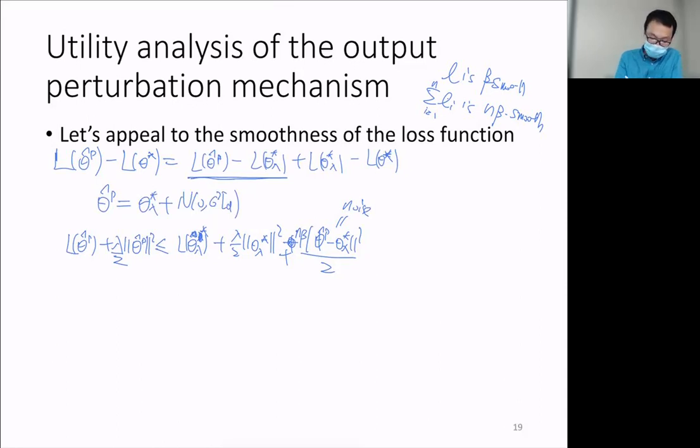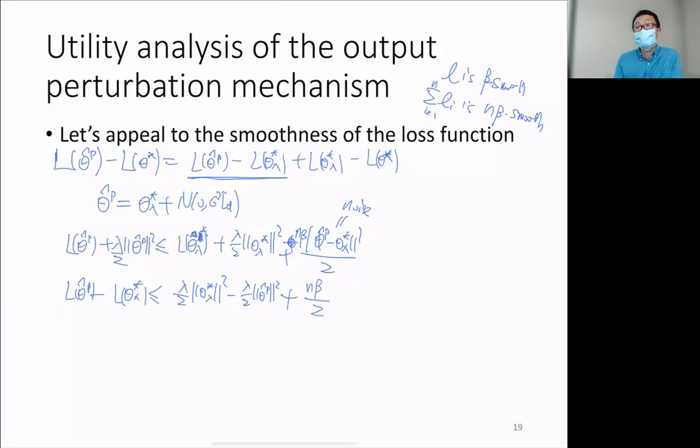And when we move things to the other side, we get L of theta hat P minus L of theta star lambda is smaller than half lambda times the norm of theta star minus half lambda times theta hat P squared, plus 2n beta times the noise term.